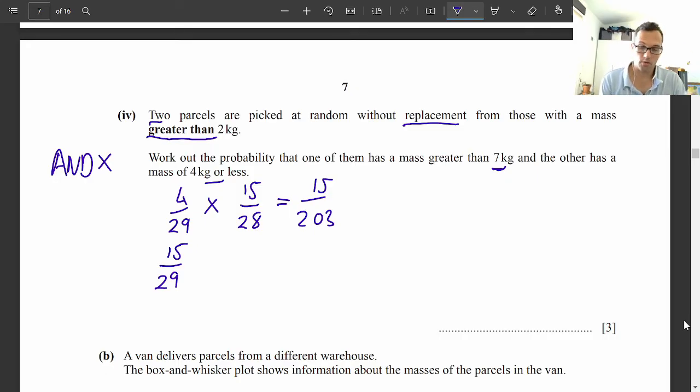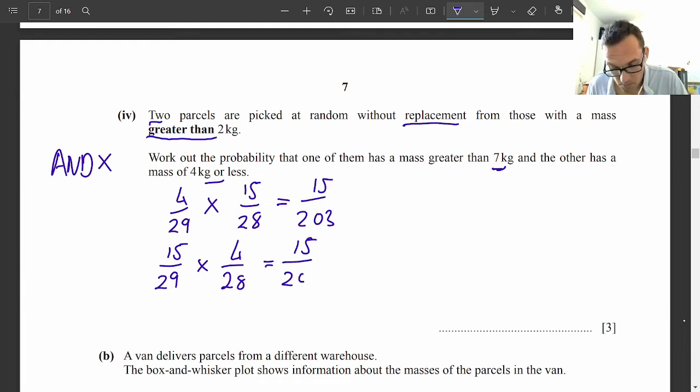And then we could have picked 4 from the ones that are more than 7 kilograms, and there would only have been 28 parcels left. The answer to this would be the same, because at the bottom we'll do 29 times 28 and the top 15 times 4. So the probability of that would be the same, but we're doing it the other way around.